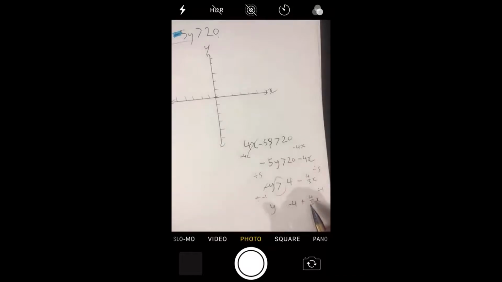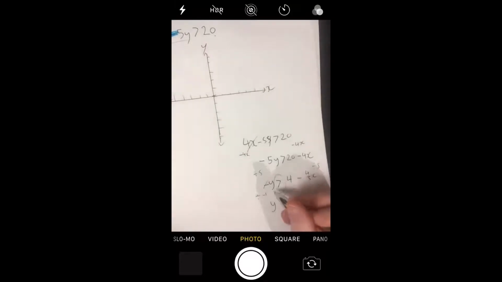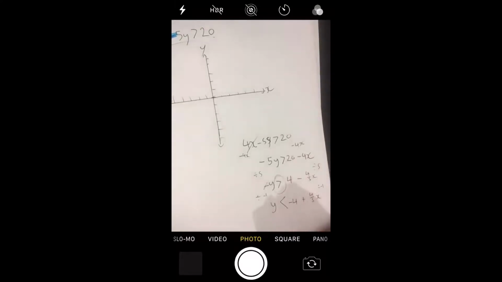When you divide the whole thing by a negative, it goes from y is greater than to y is less than. So it swaps. That's something to be careful for. So we end up with y is less than negative 4 plus 4 over 5x.